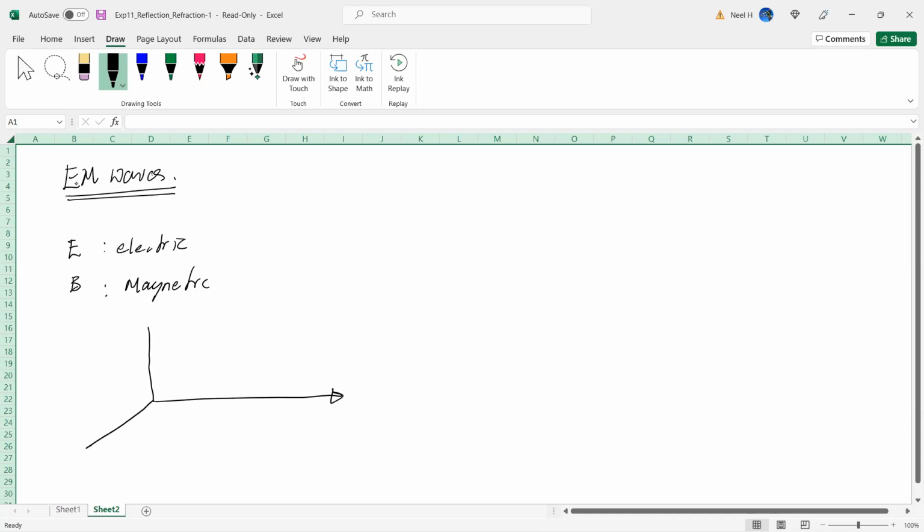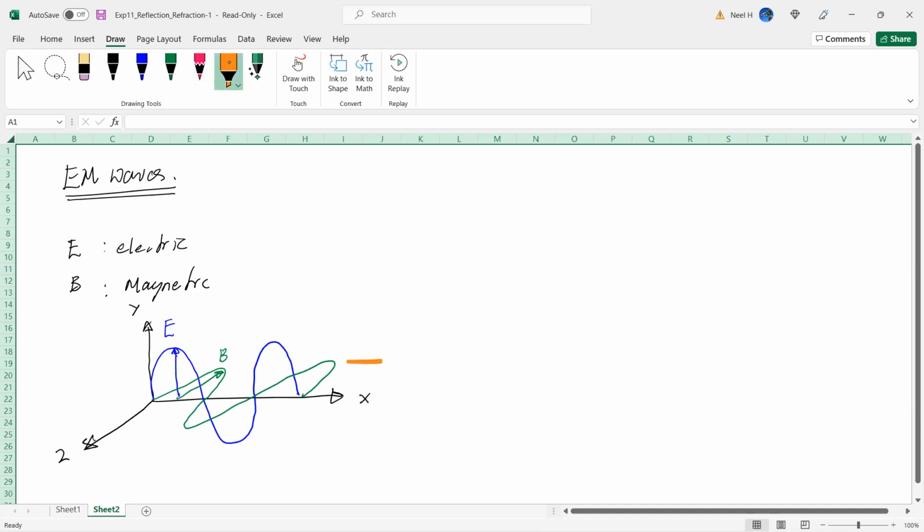If I have an electric field which oscillates, let's consider the x-axis, y-axis, z-axis. If I have an electric field oscillating, looking like a sinusoidal wave function on the xy plane, and then a magnetic field oscillating perpendicular to that, looking like this on the xz plane, these two can create a single quantity and simultaneously move in one direction.